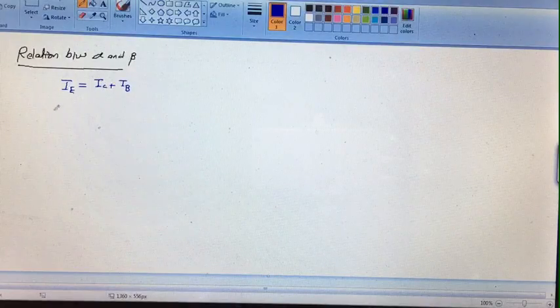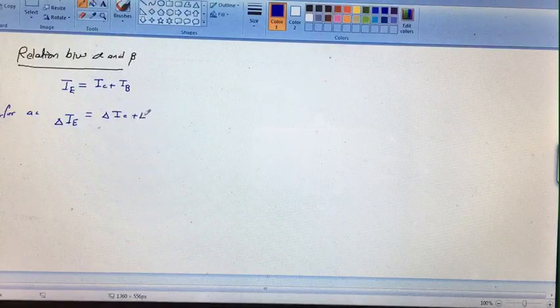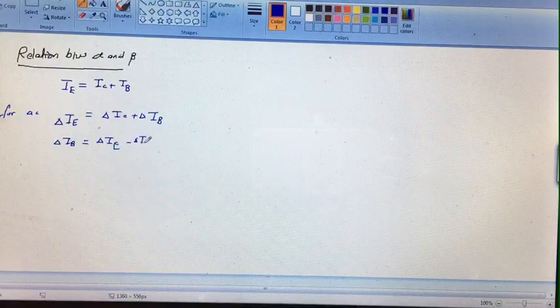This is for DC, and for AC, change in emitter current is equal to change in collector current plus change in base current. From here, change in base current IB is equal to change in emitter current minus change in collector current.